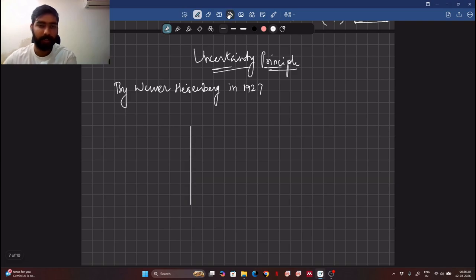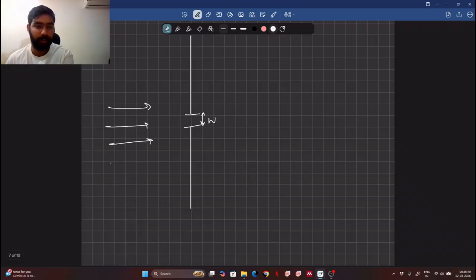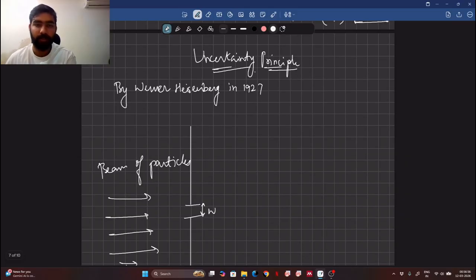So in this, we can just imagine a slit with width W. Okay, and we have a beam of particles with momentum P, and the width is assumed to be the uncertainty in x.